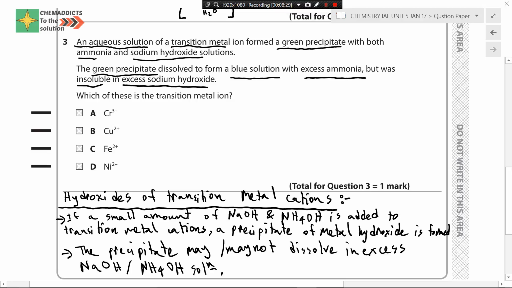But this green precipitate doesn't dissolve in excess sodium hydroxide solution. That is the key point of this problem. This will give us the exact answer to this question.